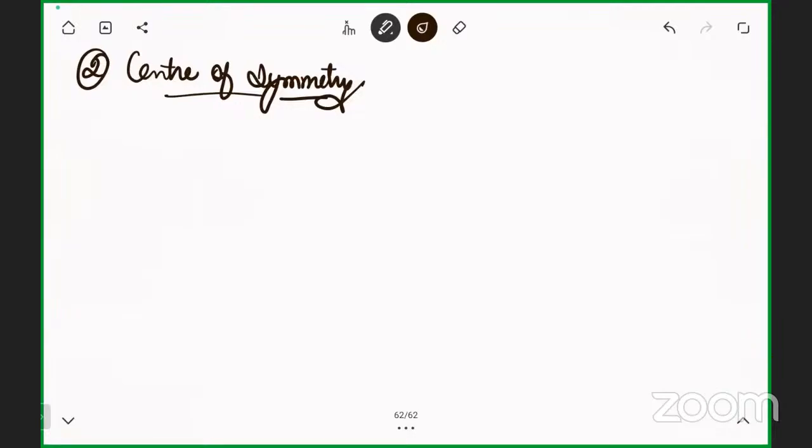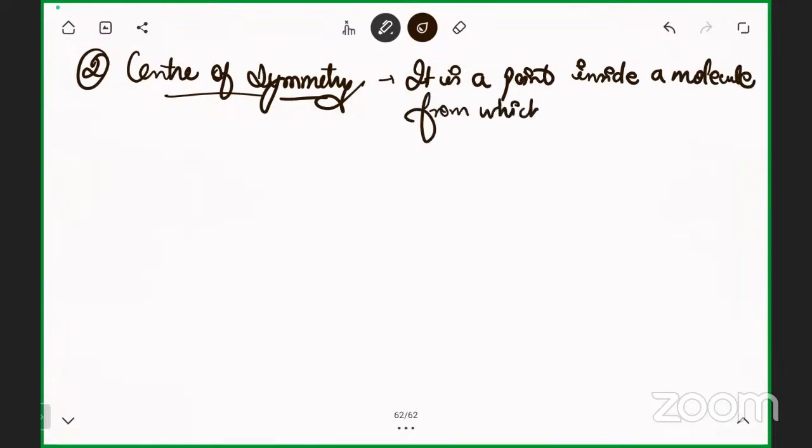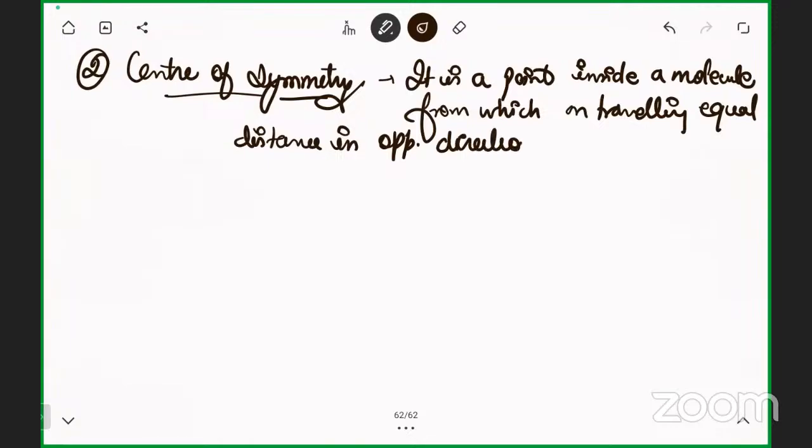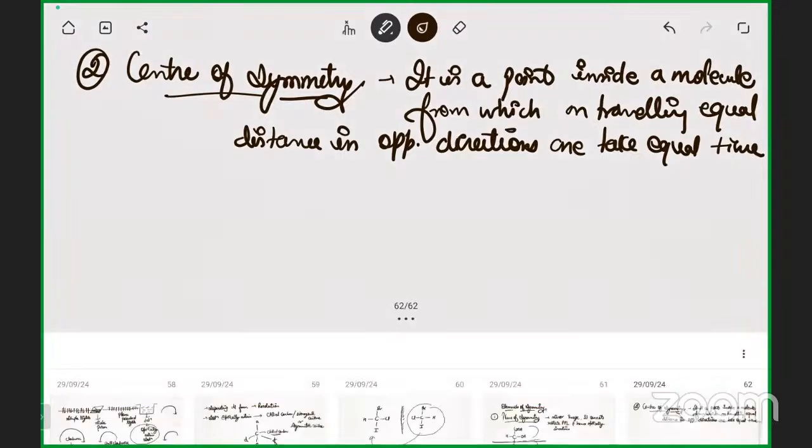If I go with the center of symmetry, it means it is a point inside a molecule from which, on traveling equal distance in opposite directions, one takes equal time. For example, take a molecule.